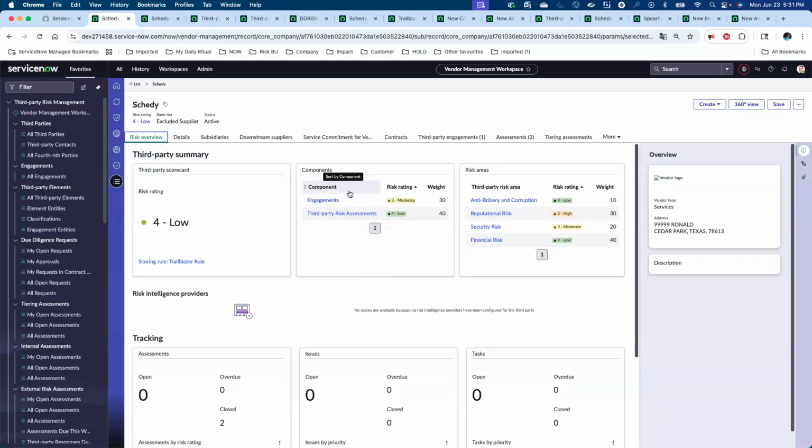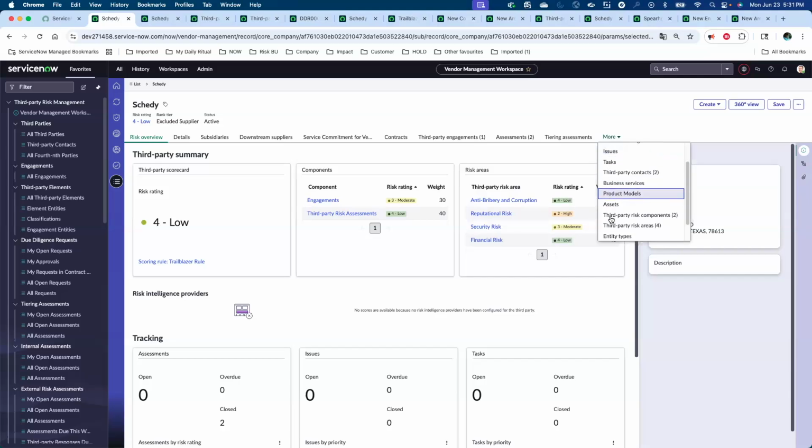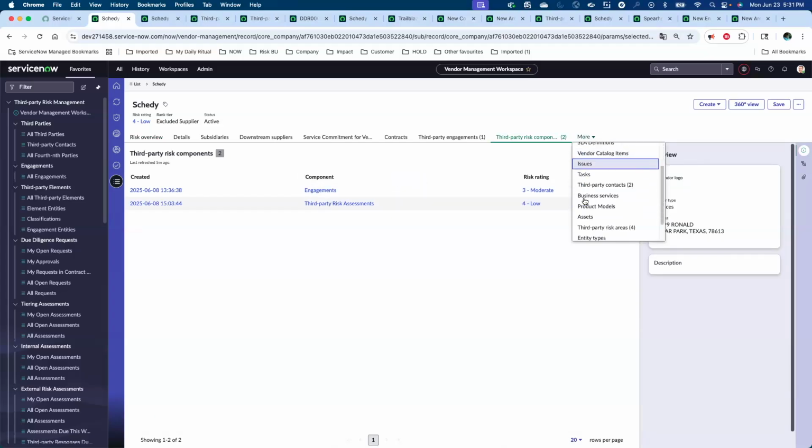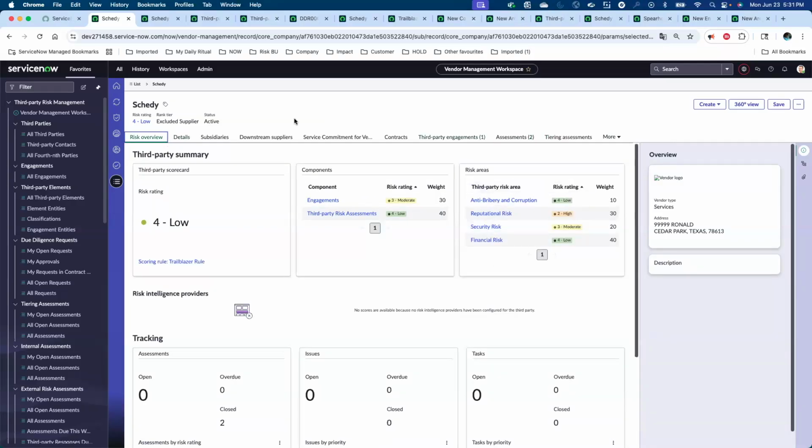Having covered the components, let's introspect a little bit about risk areas. If you navigate to the components, you will see that there are 2 components, as we discussed: the engagements and third-party risk assessments. Now we are supposed to be reviewing the risk areas of these 2 components, which is what gets plotted over here.